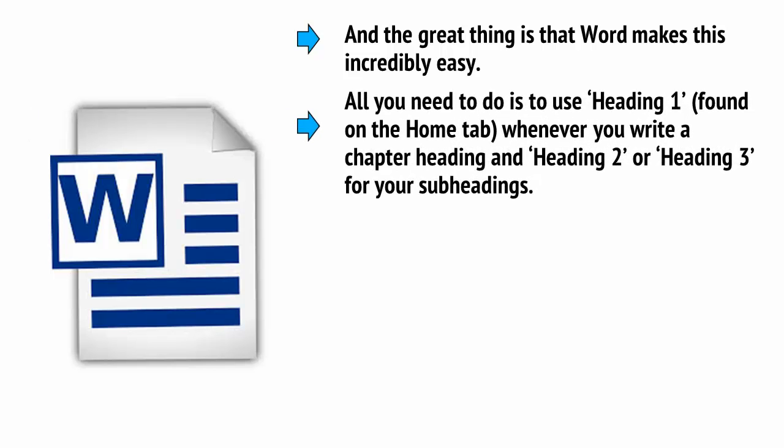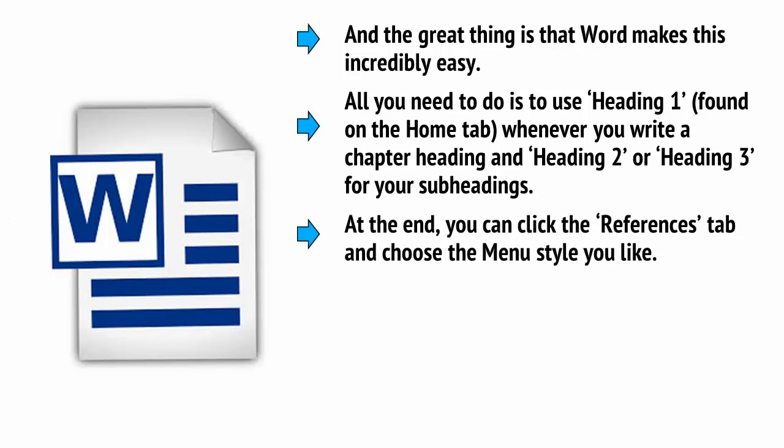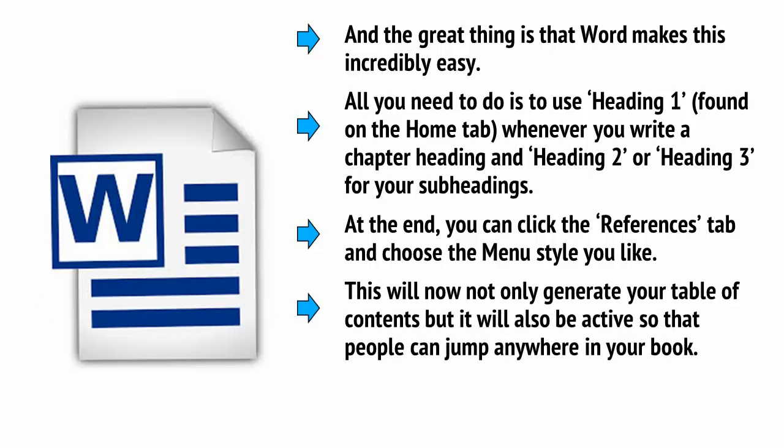All you need to do is to use heading 1, which is found on the Home tab, whenever you write a chapter heading, and heading 2 or heading 3 for your subheadings. At the end, you can then click the References tab and then choose the menu style that you like. This will now not only generate your table of contents, but it will also be active so that people can jump anywhere in your book.